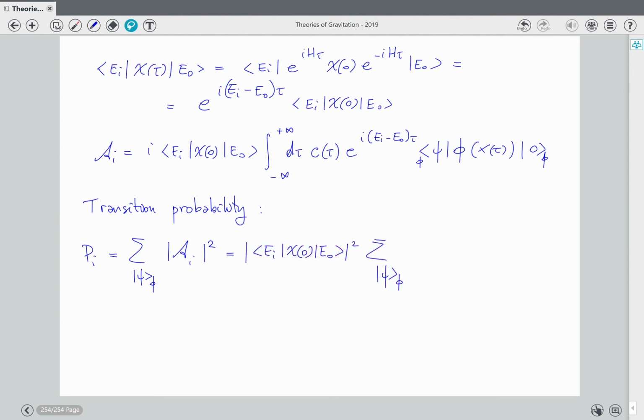And then you have the square of that integral, which is a double integral, so we have to write it down twice, and the integrand will have to be once exactly like that, and the second time we'll have to write its complex conjugate.